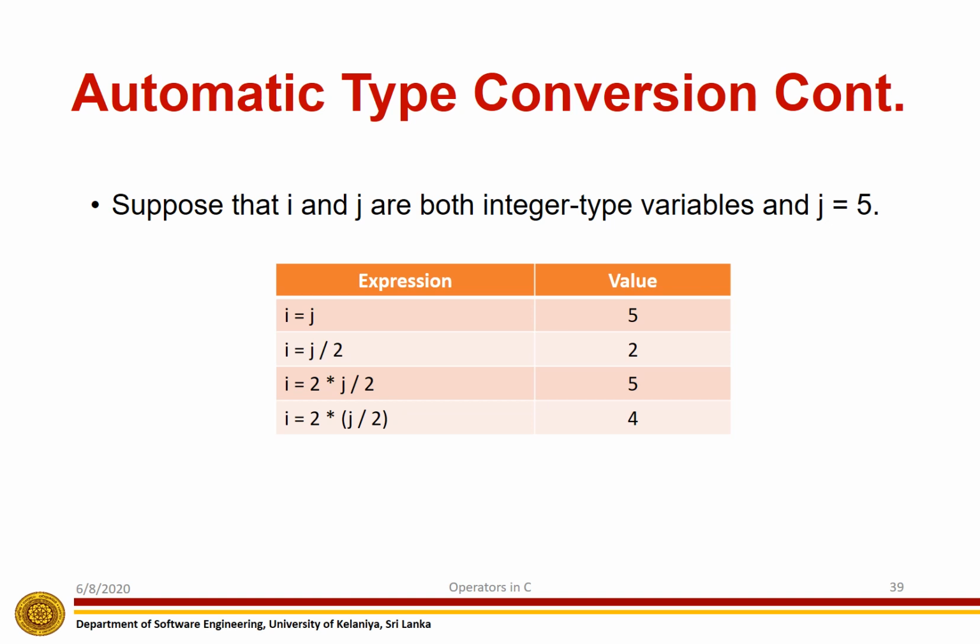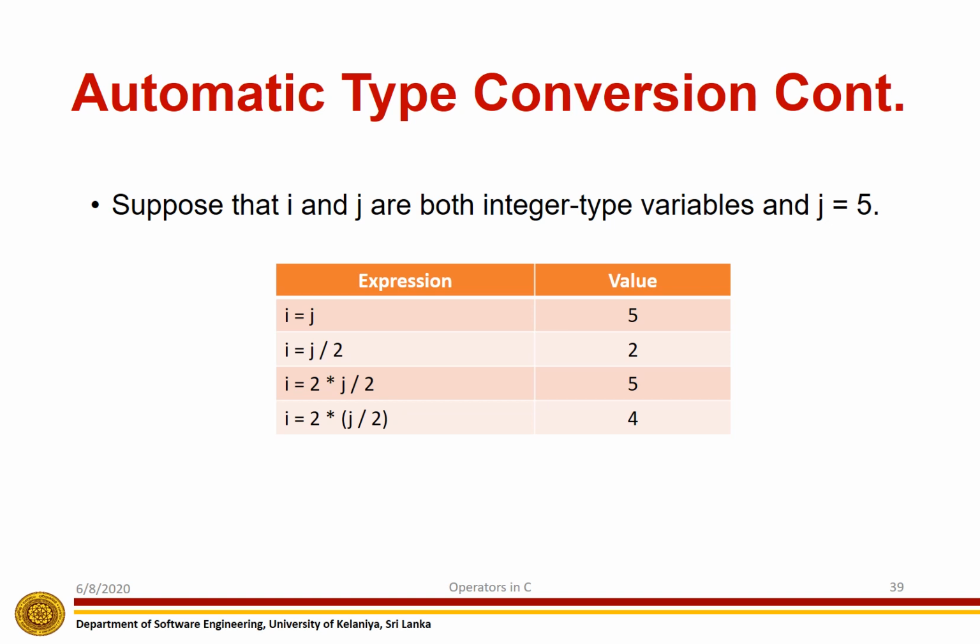Then the third one is i = 2 * j / 2. Here we have to solve left to right. So first 2 multiplied by j, that is 2 multiplied by 5, 10. 10 divided by 2, 5. It is an integer value and it can be applied to i. So i = 5.